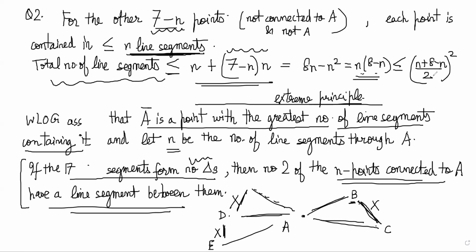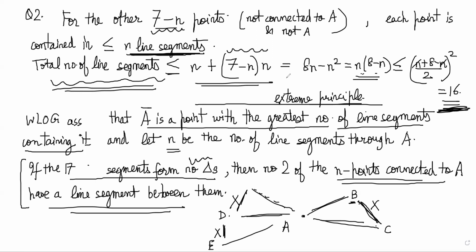The product of these two will be less than or equal to this, which is actually coming out to be 16, right? We are getting total number of line segments is less than or equal to 16, right? And therefore we have a contradiction, because the question itself said that the total number of line segments is supposed to be 17 at least, right?